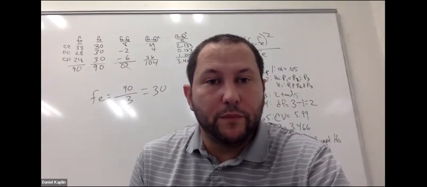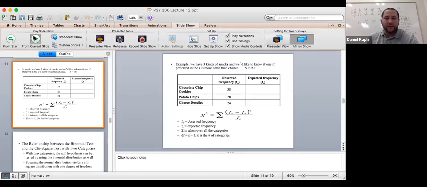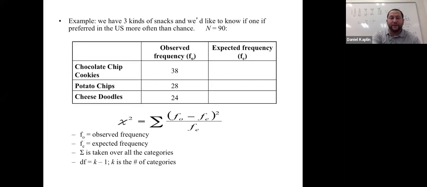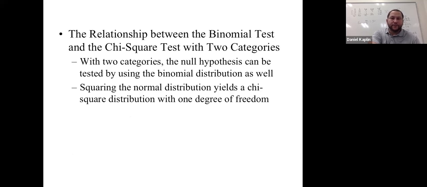All right, so let me go back into the PowerPoint and go full screen. So we did this and we found out that the snack food preference was not significantly different than we would expect by chance. All right, so if you had 2 categories, the truth is you could use a binomial distribution and calculate its value.